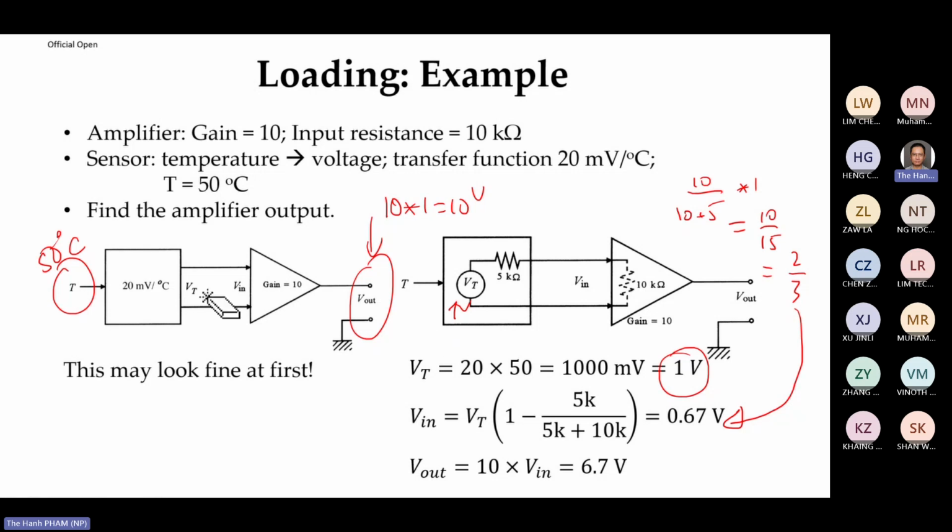So we cannot get the full 1 volt here, right? Now, after you have 0.67 going to this amplifier, if you amplify by 10 times, the voltage you get is only about 6.7 volt. So you don't have this 10 volt. So loading is one serious problem when you combine multiple subsystems together.